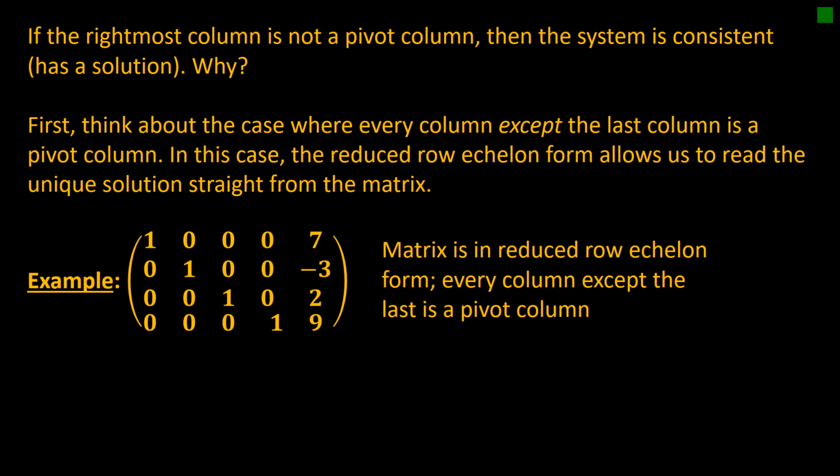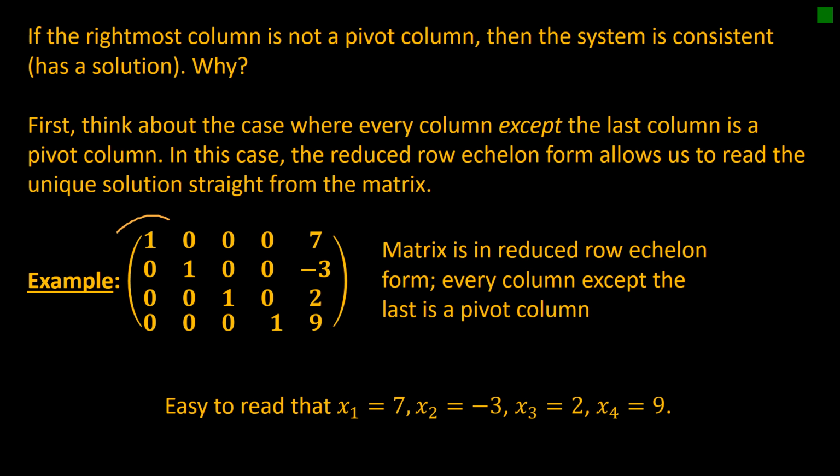Every column except the last is a pivot column, and it's easy to read right away from the first row: x1 equals 7, x2 equals -3, etc. x3 is 2 and x4 is 9. So I can easily see that if every column is a pivot column except the last one, I have it solved if I have it in reduced row echelon form.